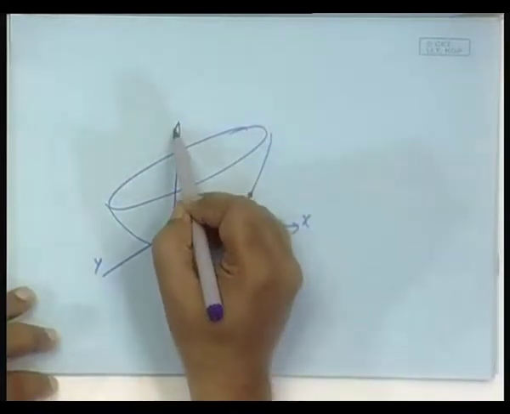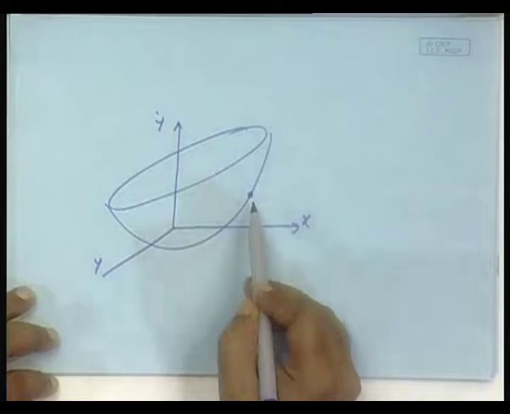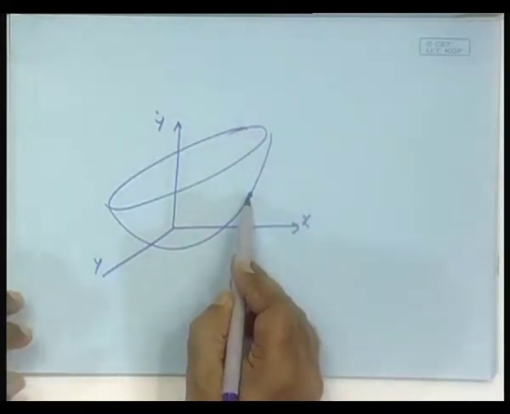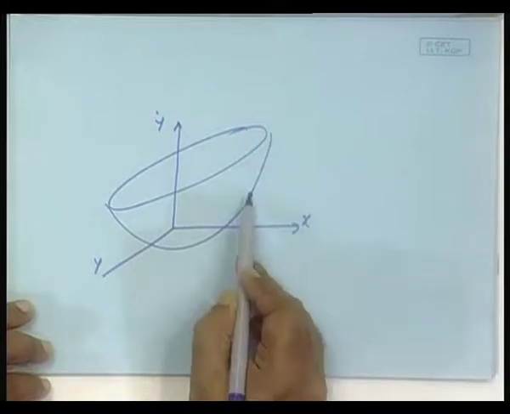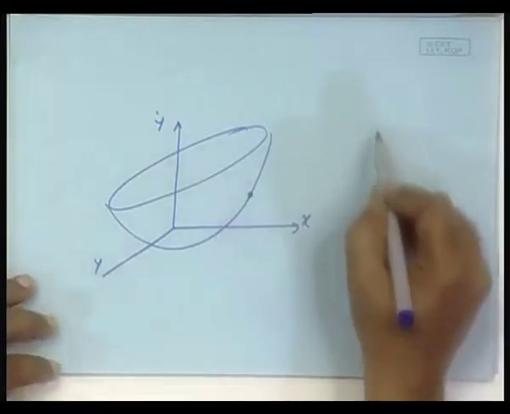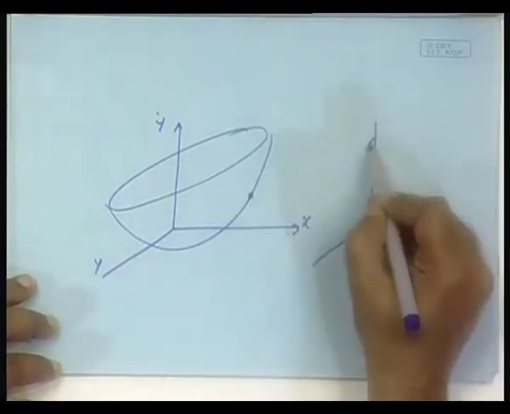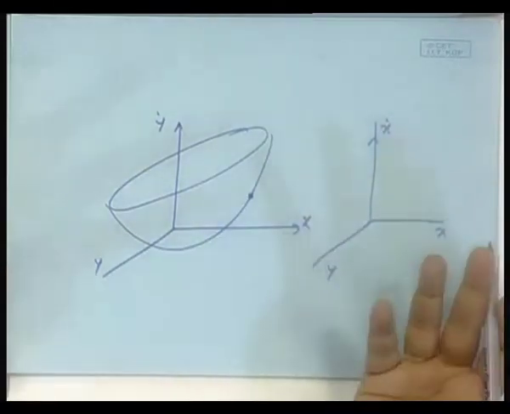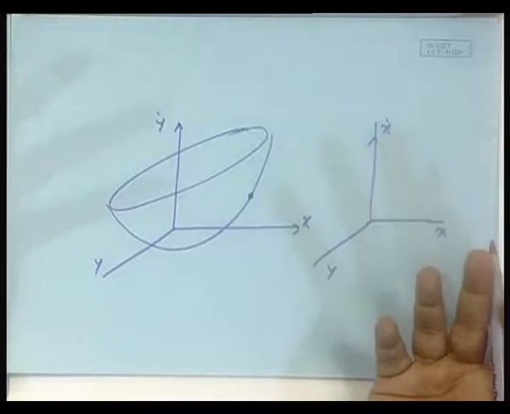So, in defining the y dot, you will have two such values. One, how does it vary with x and how does it vary with y. Similarly, for x dot, you will have two similar values, clear.